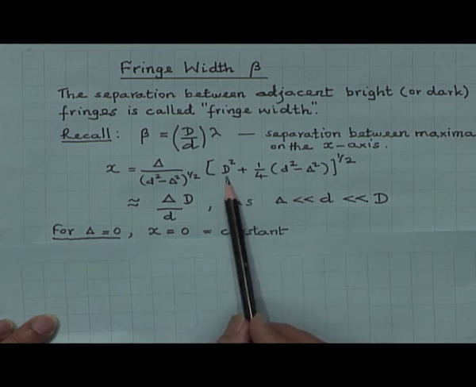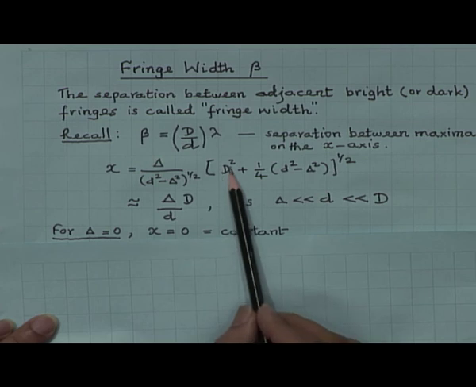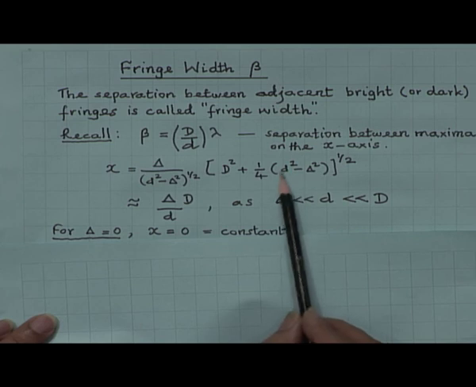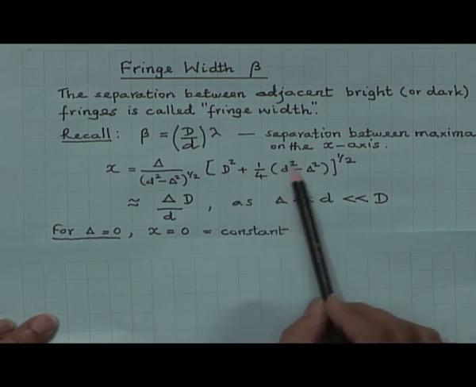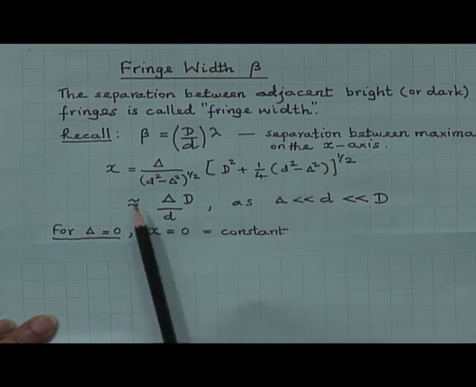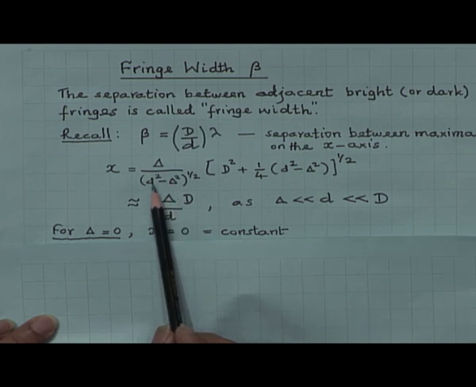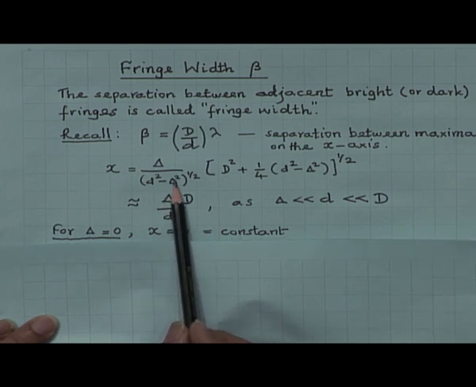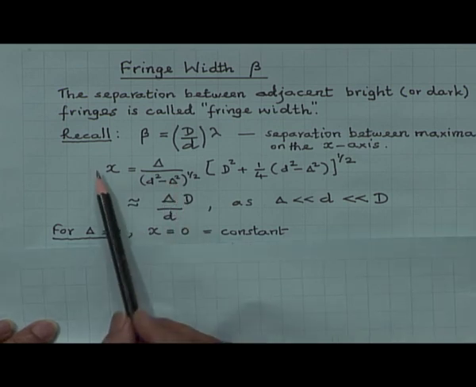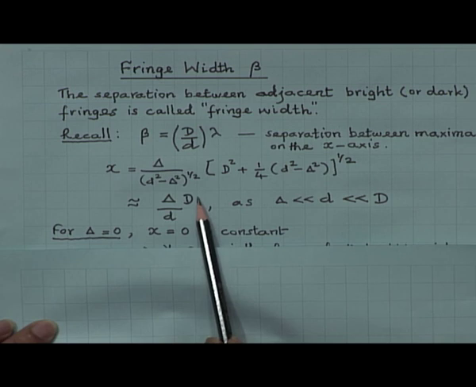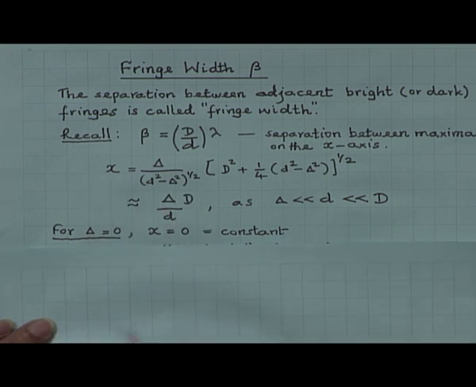Again, let me repeat that D is of the order of 100 centimeters, so 100 centimeters squared, whereas d is of the order of 1 millimeter squared, extremely small compared to this, and therefore this term can be neglected. Similarly, with respect to D, delta is negligible, almost 1000 times smaller, and therefore we can neglect this, which means we get x equal to delta into D by d.